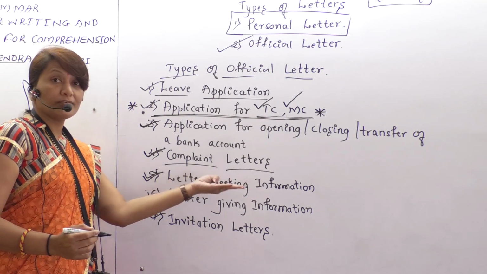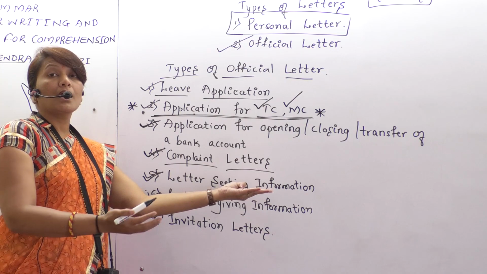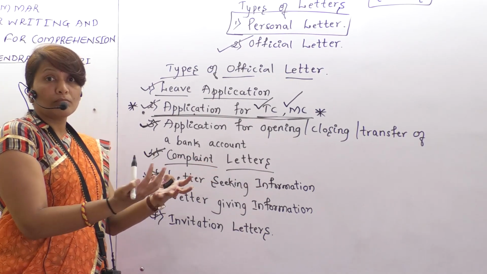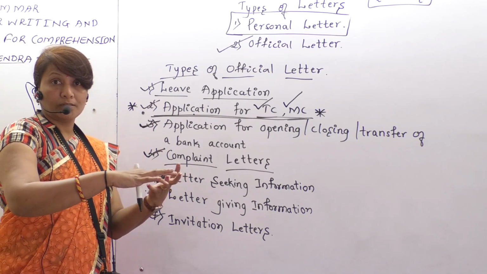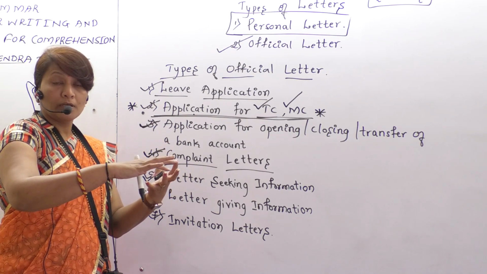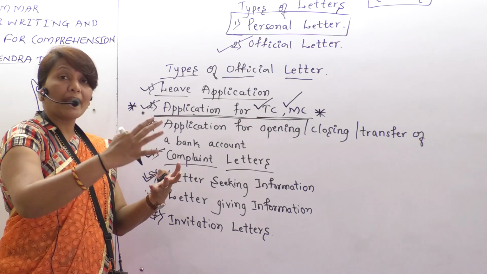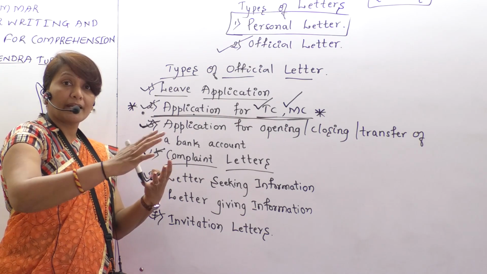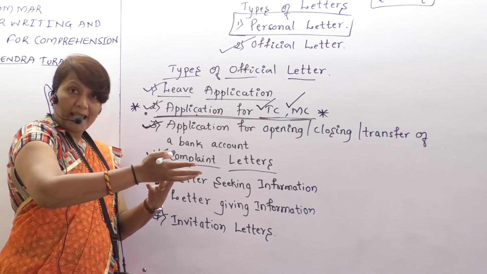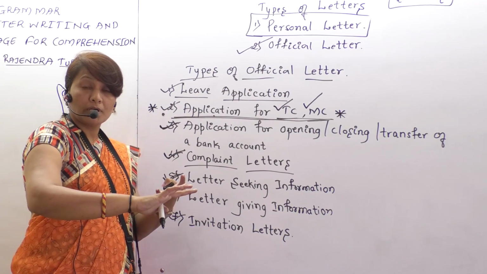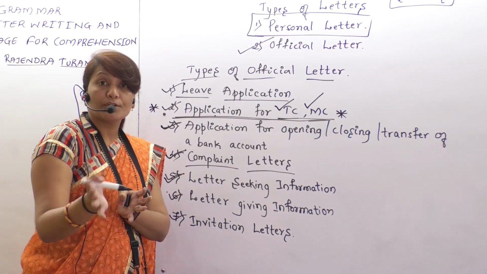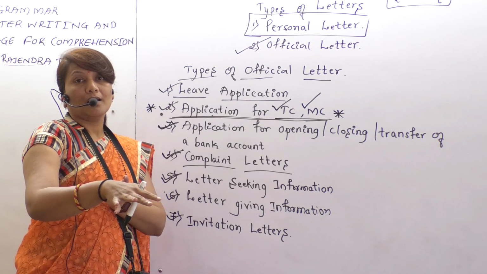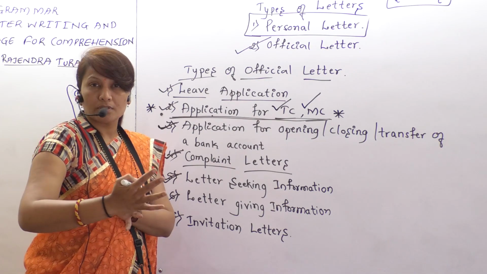And the next official letter is letter seeking information. In letter seeking information, you can seek the information of anything from anybody. It might be from the businessman, it might be from a salesman, it might be from the manager of any bank, it might be from the educational institutes, it might be even from the tutors.